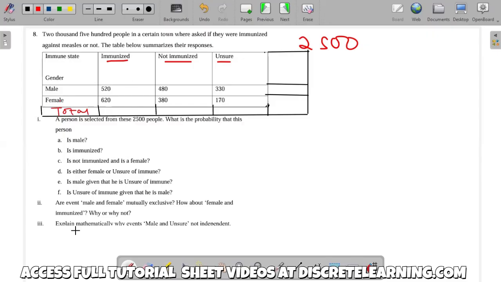In this column, how many people did we have? You add the males and the females or whatever you are considering, because it will not always be males and females. It can be any other thing.